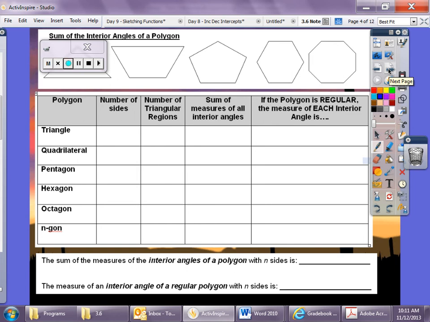of our interior angles. If we have a triangle, it has 3 sides and 1 triangular region. The sum of all the interior angles is 180 degrees. If the polygon is regular, then the measure of each interior angle is 60 degrees.